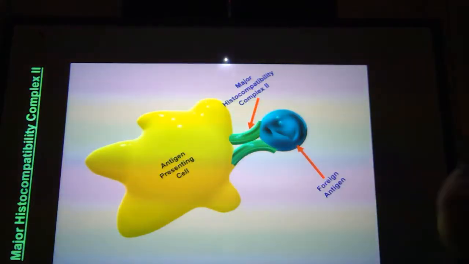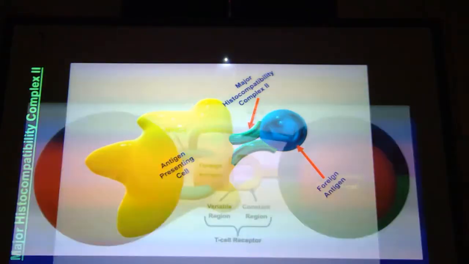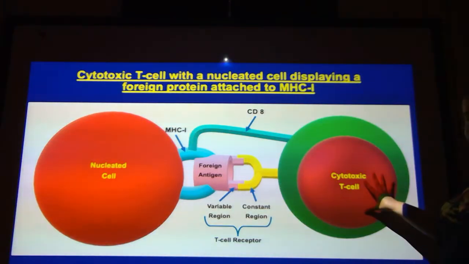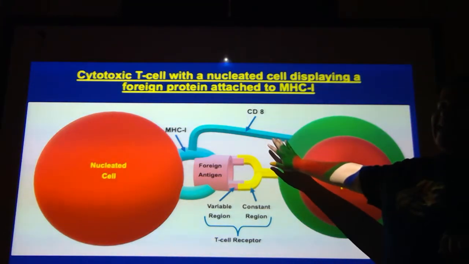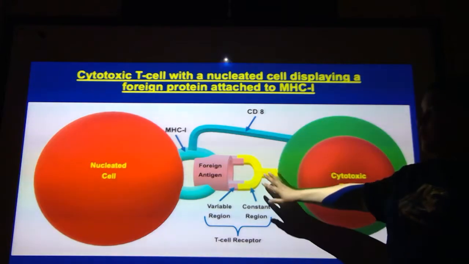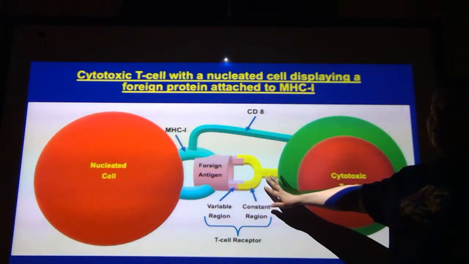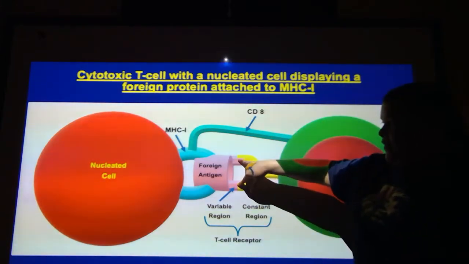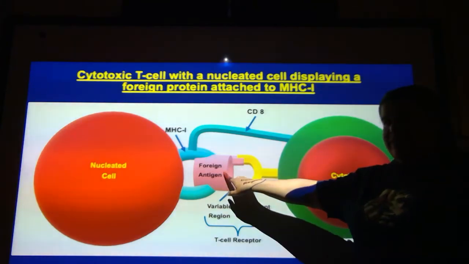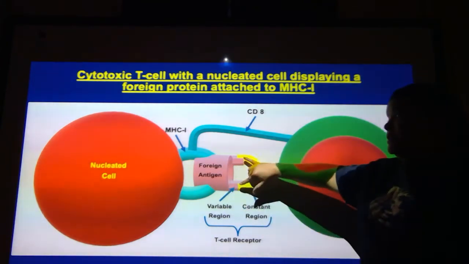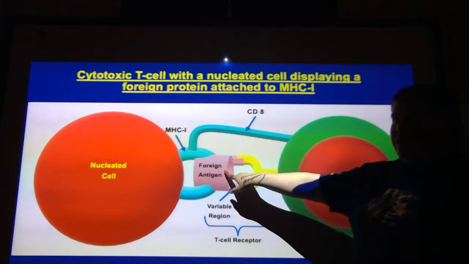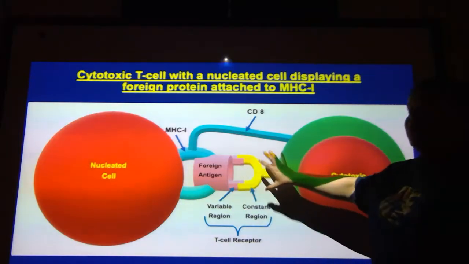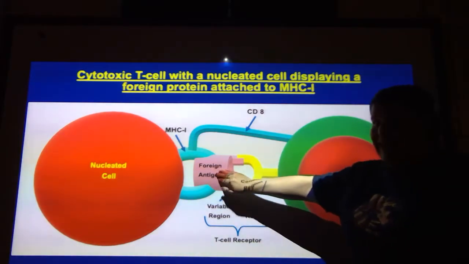Looking at what the interaction would look like. Here's my cytotoxic T cell with its CD8 molecule and its T cell receptor with its variable regions that recognize a specific foreign antigen. I've color-coded this so the variable region matches my foreign antigen. My T cell receptor binds to the antigen.